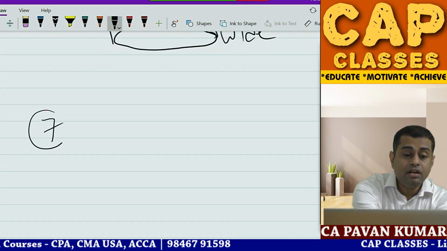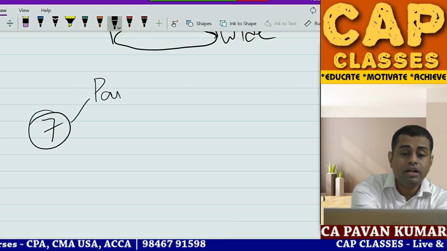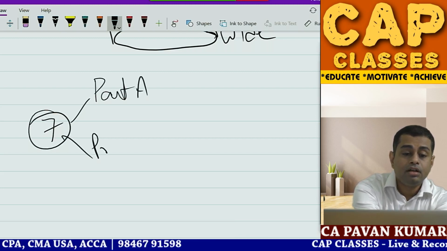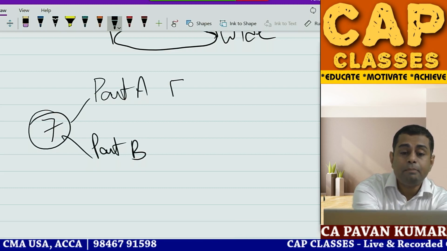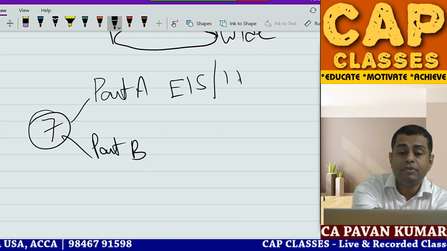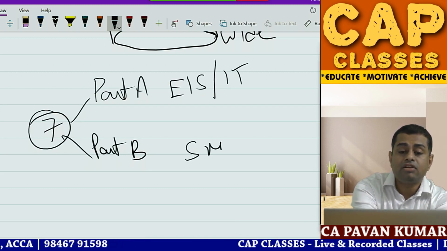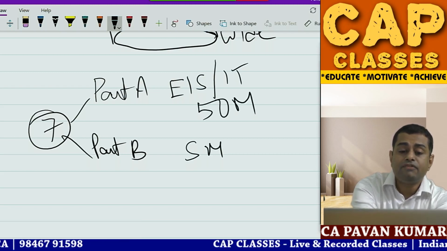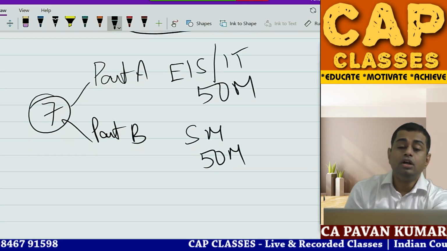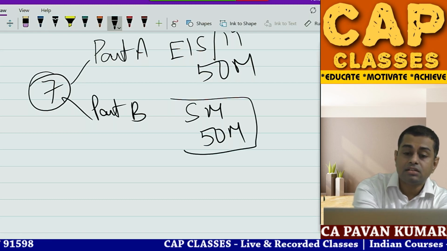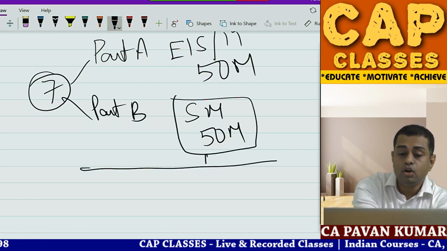This Paper 7 has two parts, Part A and Part B. So what is Part A? Part A is your EIS or information technology. Part B is your strategic management. So obviously each is for 50 marks. How are these 50 marks tested? There are two parts.